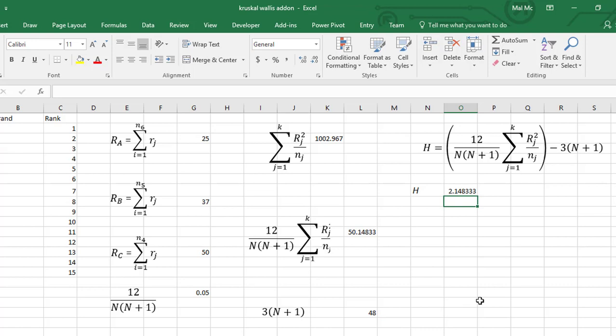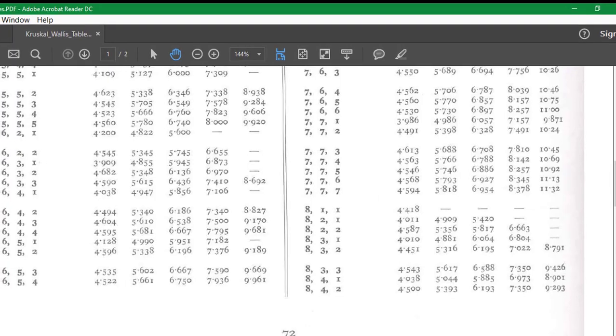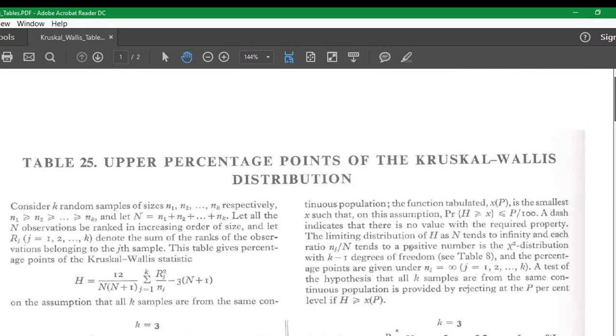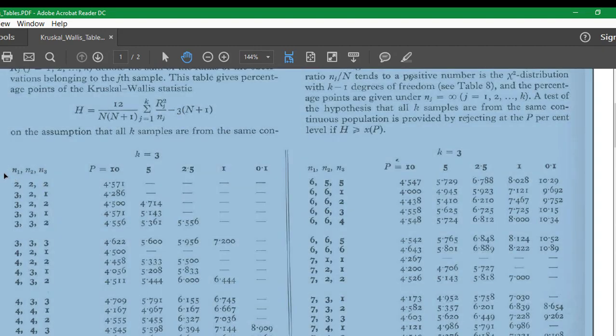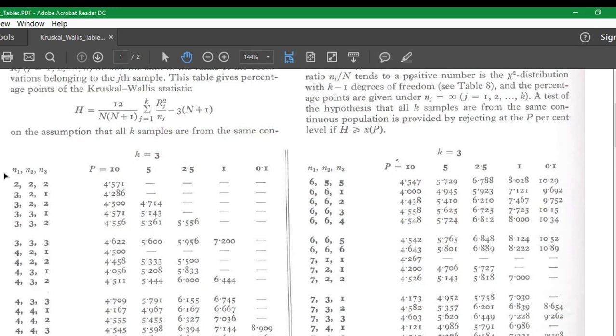Now, in our Kruskal-Wallis distribution table, which I'm going to pull up right now, we will need to see that we have three samples, A, B, and C. So in each sample, we'll need to look for the number of observations in each sample. For our example, in A we have 6, in B we have 5, and in C we have 4.